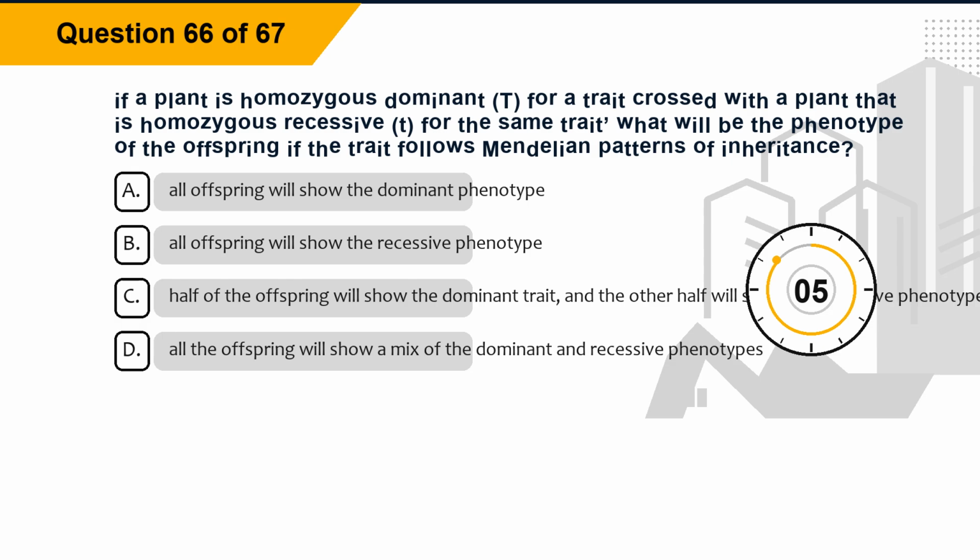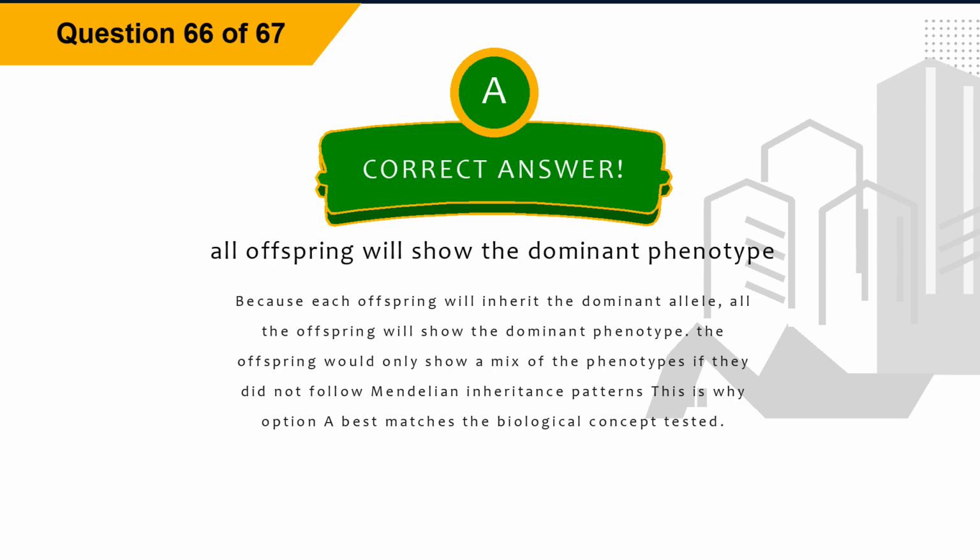Option D, all the offspring will show a mix of the dominant and recessive phenotypes. The correct answer is option A, all offspring will show the dominant phenotype. Explanation: because each offspring will inherit the dominant allele, all the offspring will show the dominant phenotype. The offspring would only show a mix of the phenotypes if they did not follow Mendelian inheritance patterns. This is why option A best matches the biological concept tested.